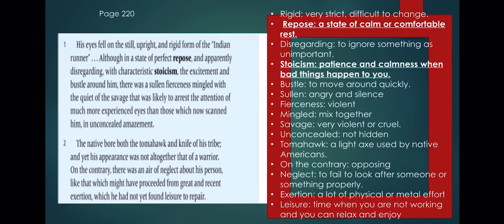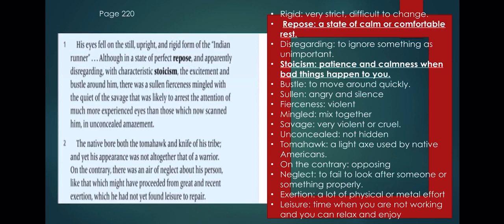There was a sullen fierceness mingled with the quiet of the savage that was likely to raise the attention of much more experienced eyes than those which now scanned him in unconcealed amazement.